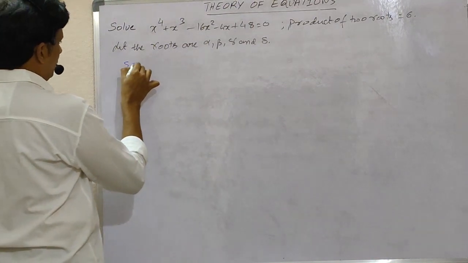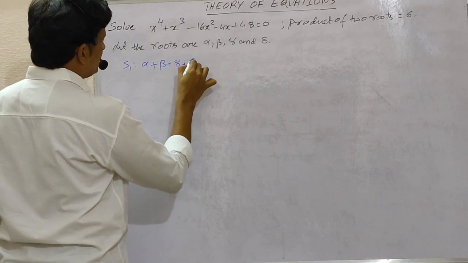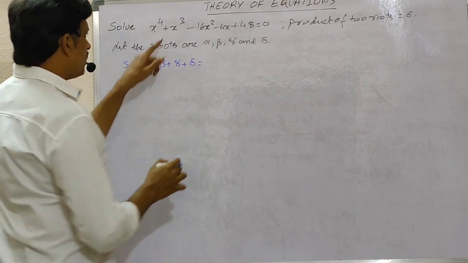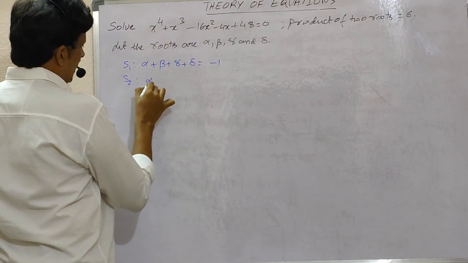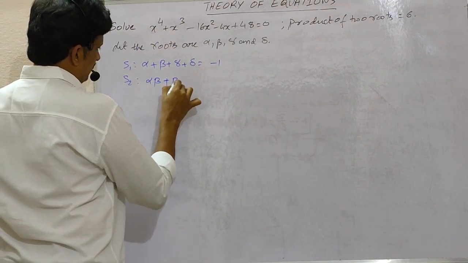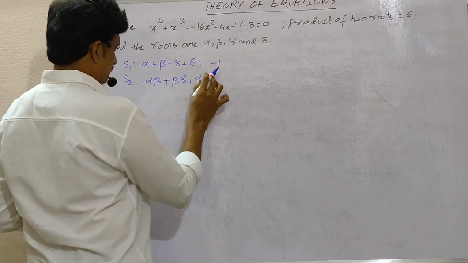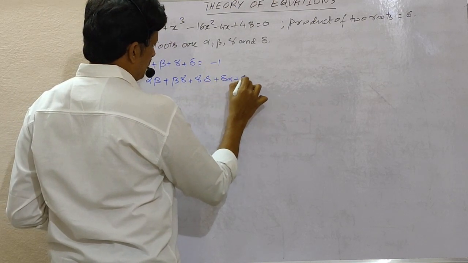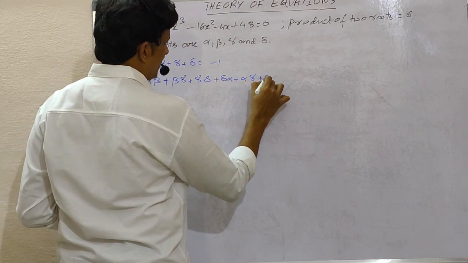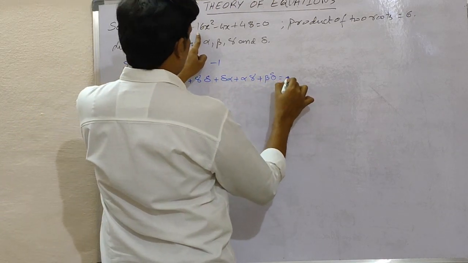Then S1 is alpha plus beta plus gamma plus delta, that is equal to minus 1. And S2 is alpha beta plus beta gamma plus gamma delta plus delta alpha plus alpha gamma plus beta delta, that is equal to minus 16.